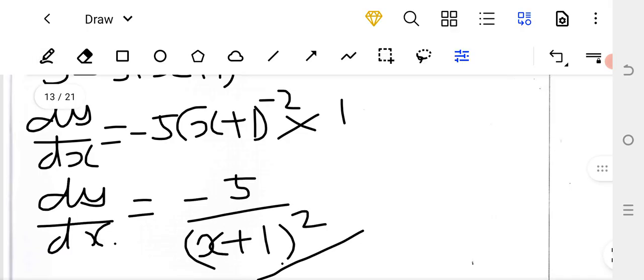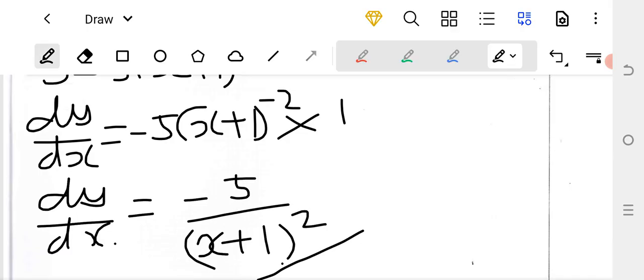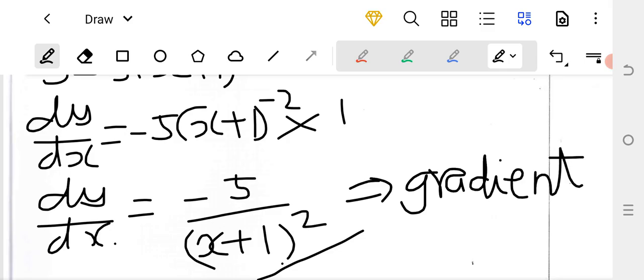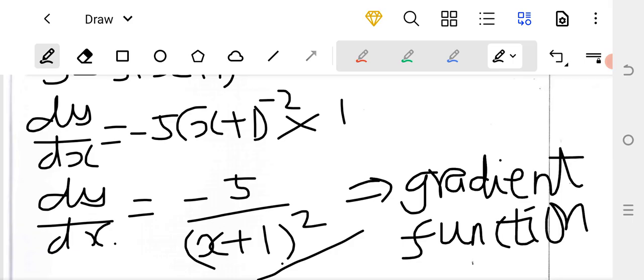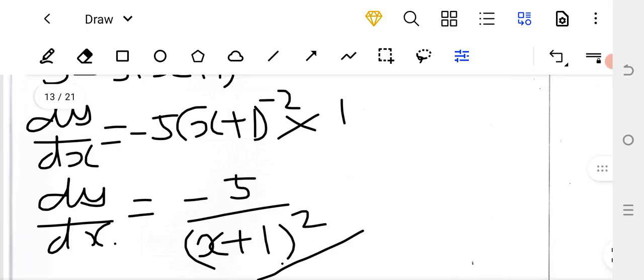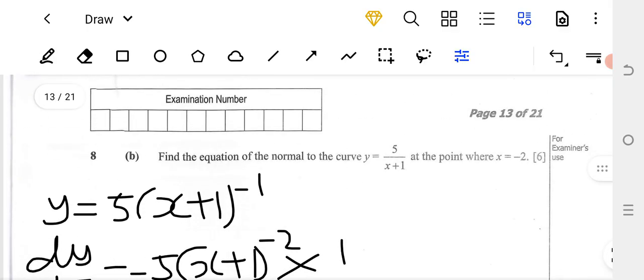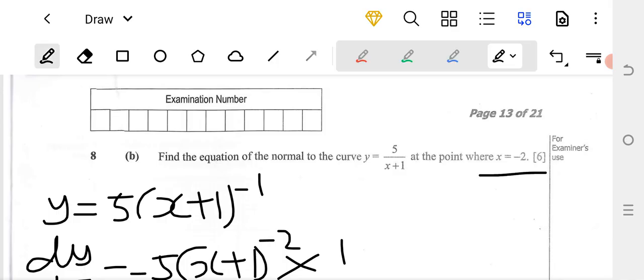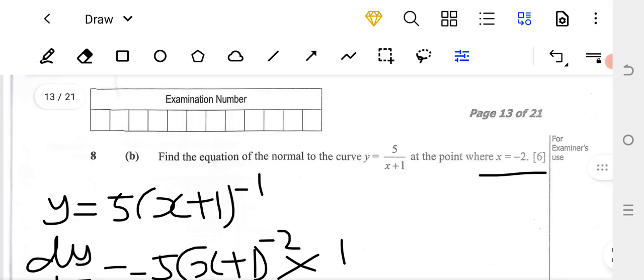First of all, dy/dx is what we call the gradient function. It's a function that helps us find the gradient. So to find the gradient, where there is x, we are going to use the information given in the question. They are saying x is equal to -2. So where there is x, we are going to write -2.